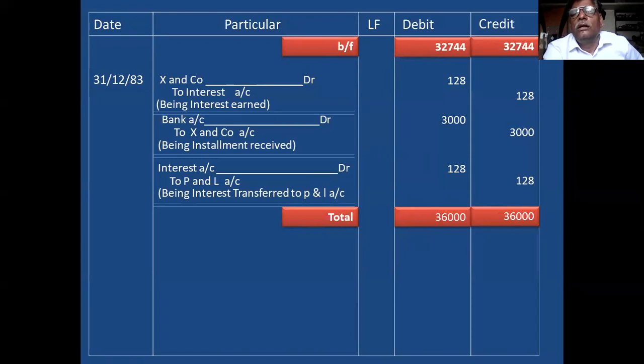This is the model solution for journal entry. One problem I completed on ledger account in the purchaser and seller. This problem is based on journal entry in the purchaser and seller. Make these two problems perfect regarding journal entries in accounts, and there is no necessity for other problems.